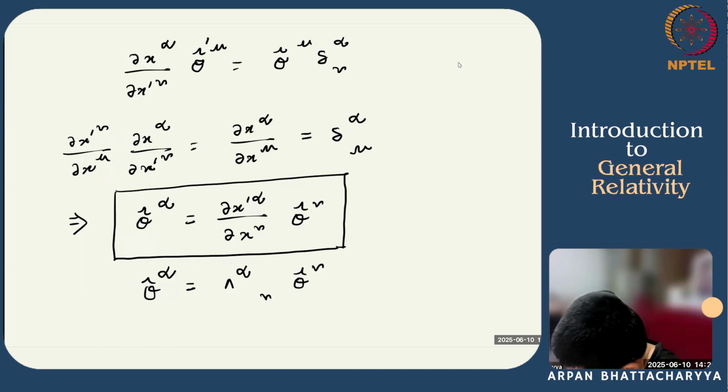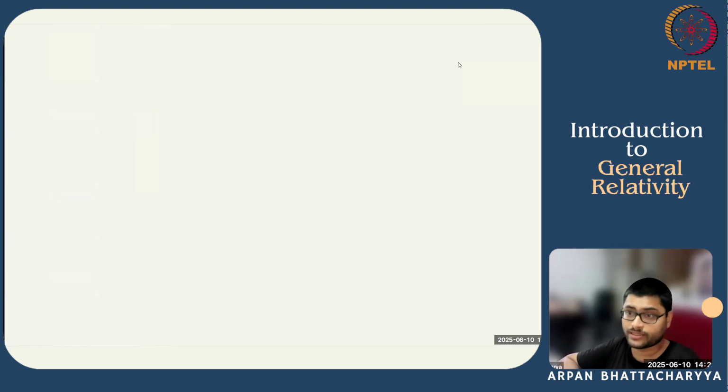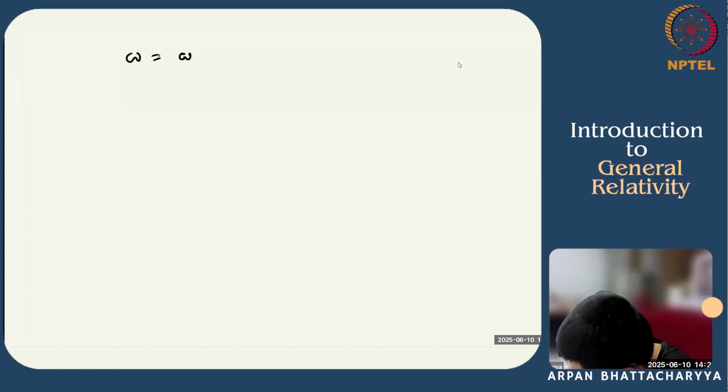So again, let's do the following: these dual vectors will correspond to some physical quantities. So omega will remain the same in any inertial reference frame. So omega prime mu prime theta prime would be equal to omega mu theta mu.